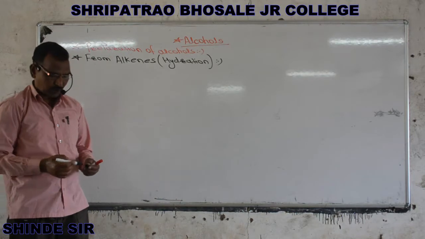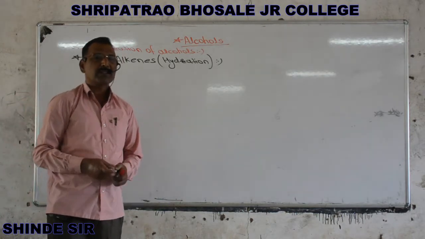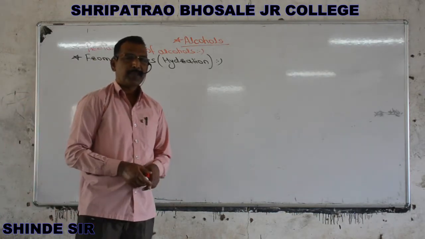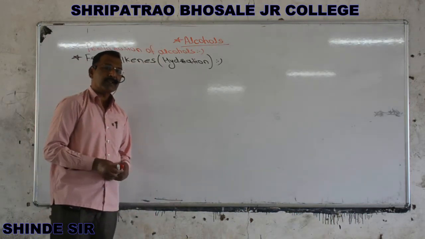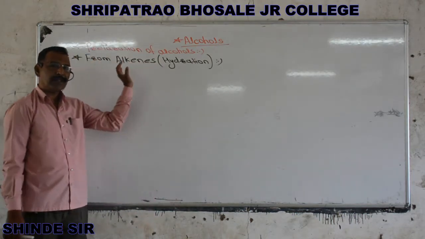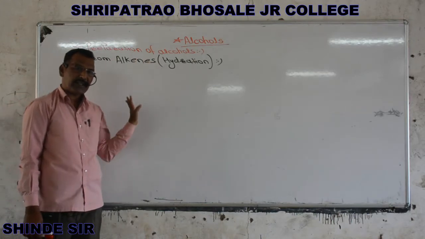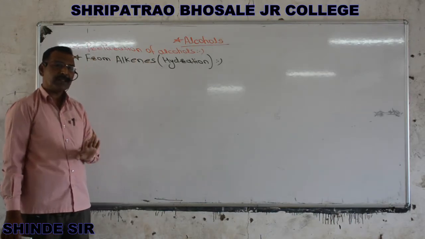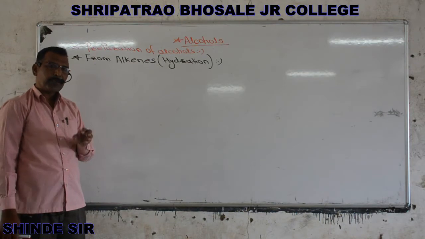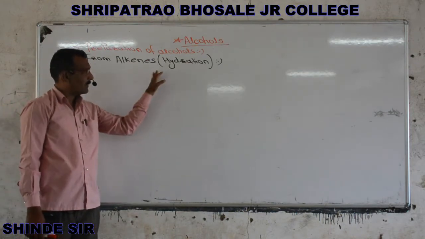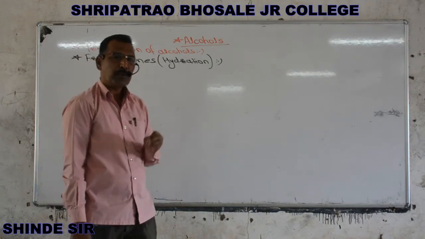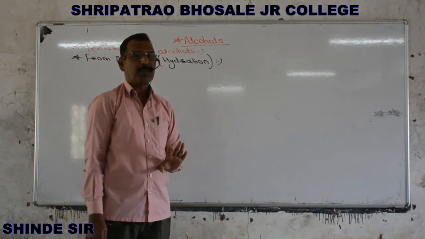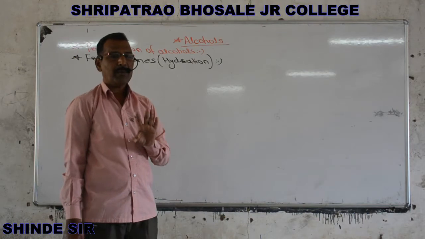This reaction we have already discussed in 11th, in the topic hydrocarbons, in the chemical reactions of alkenes. Hydration of alkenes means the addition of a water molecule to alkenes to form an alcohol.